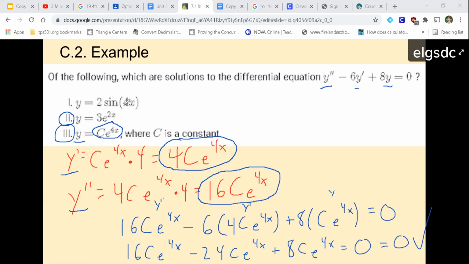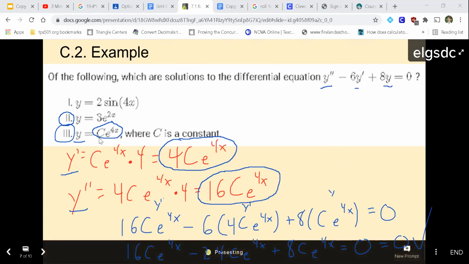So both of these satisfy our differential equation. So they are both solutions to our differential equation. And as you can see, C here could be any number, any constant. So you can see how there's an infinite number of functions that actually have this relationship to their derivative and their second derivative.